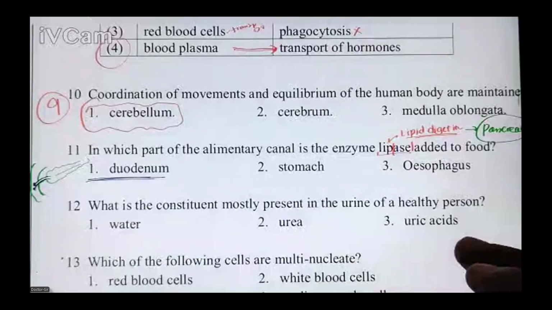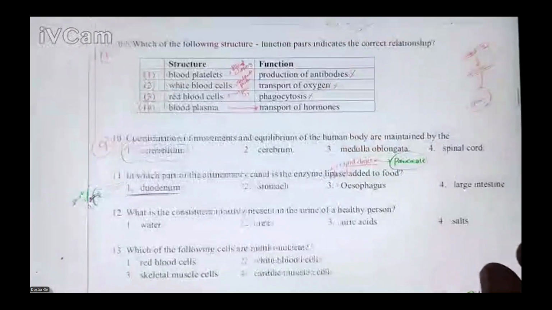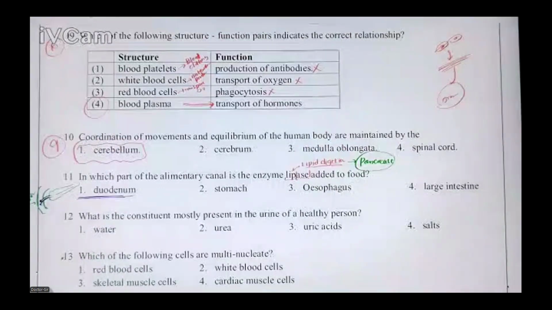What is the main constituent present in the urine of a healthy person? Most healthy persons have water in their urine as the main constituent.